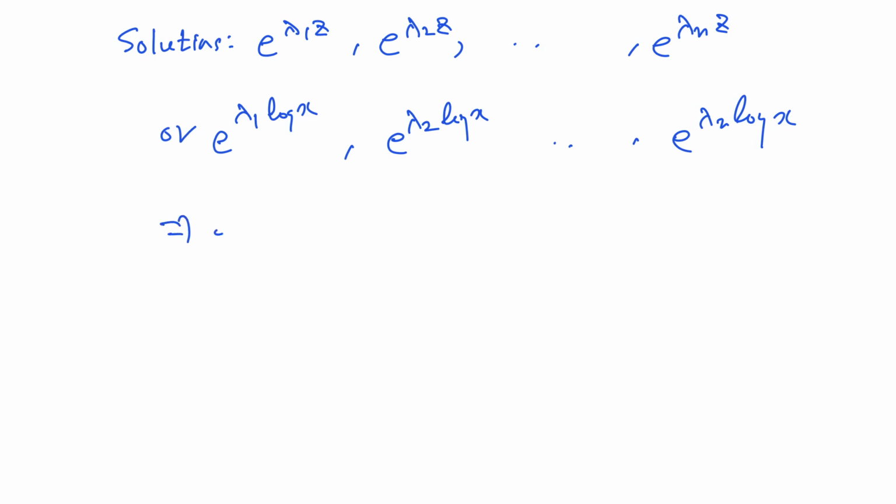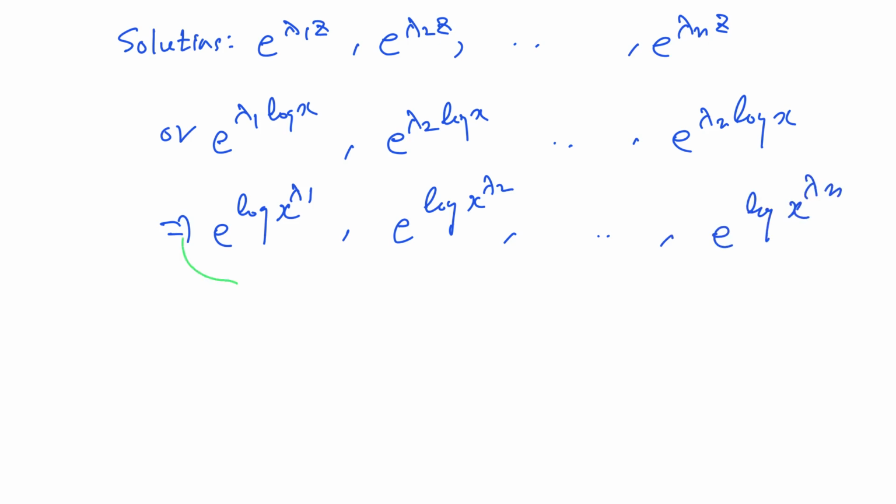This becomes exponential log x to the lambda 1, exponential log x to the lambda 2, ..., exponential log x to the lambda n. And this is actually nothing but x to the lambda 1, right? Exponential log something is the same as the original.